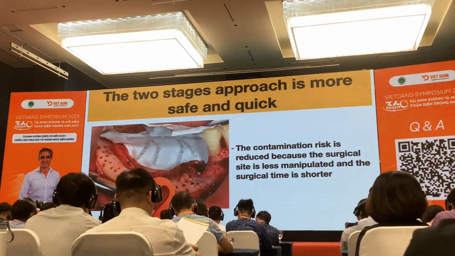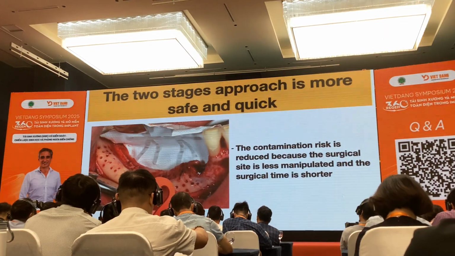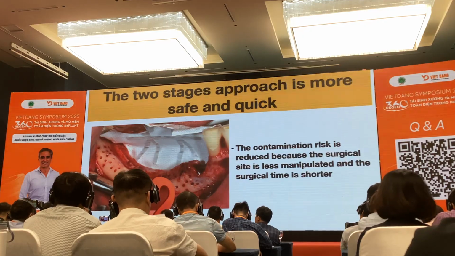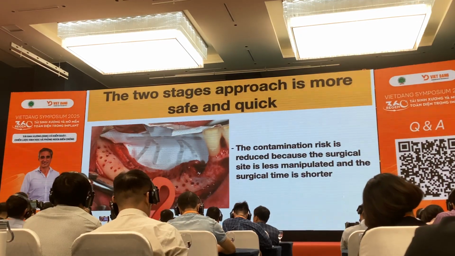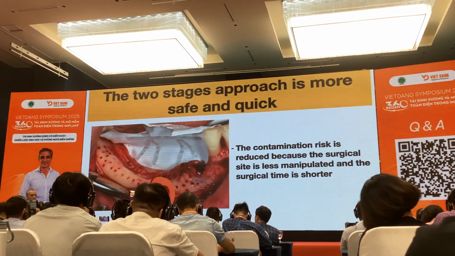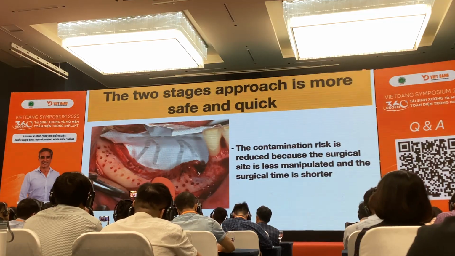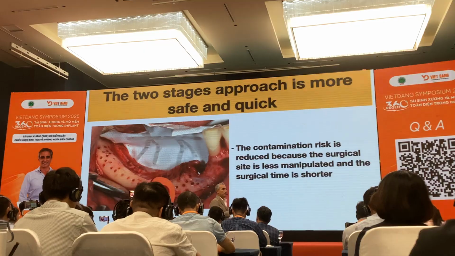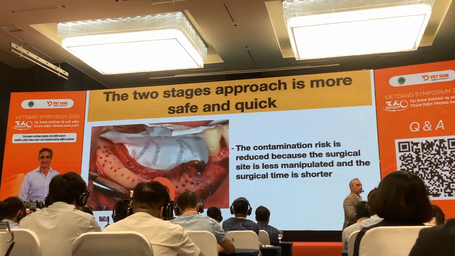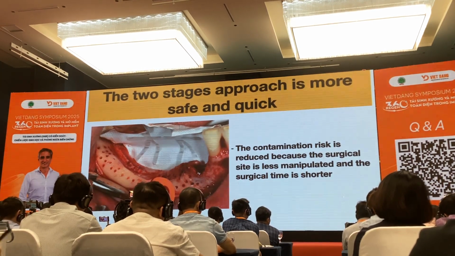If I have to give you my opinion, I use the one stage approach when I have to perform limited GBR in horizontal cases, 2, 3, 4, 5 millimeters in horizontal, 1 millimeter in vertical, modest surgery, 3 millimeters in vertical, no more.